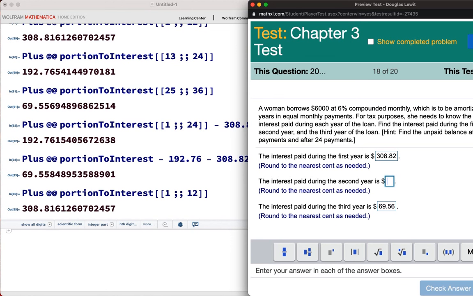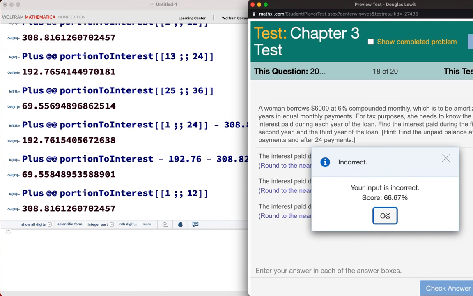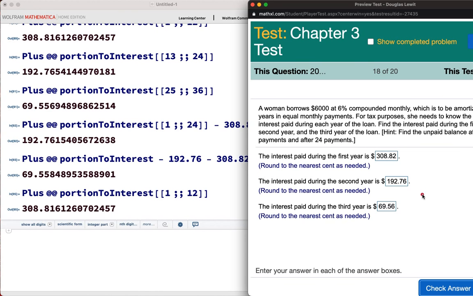Sorry. This should be $192.76. So it seems to like these two answers, and for some reason it doesn't like this answer, which is very weird because if this answer is wrong, these two answers should be wrong too, which is very strange.